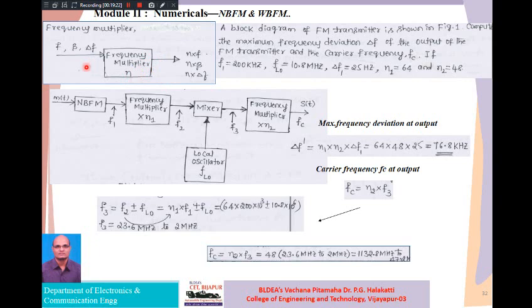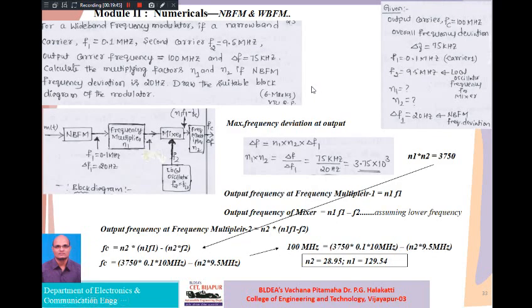It multiplies your input frequency, your frequency deviation, and your modulation index: n f, n beta, n delta f. If you have multiple multipliers, we will have n1, n2, and so on. Here you can see two multipliers are used for the given problem.